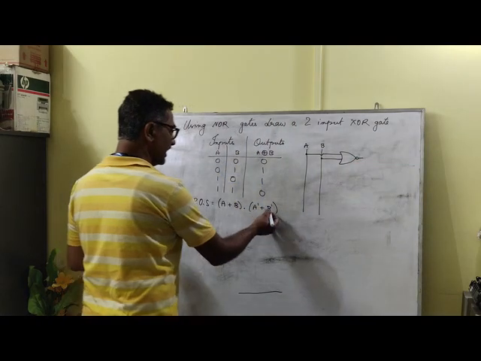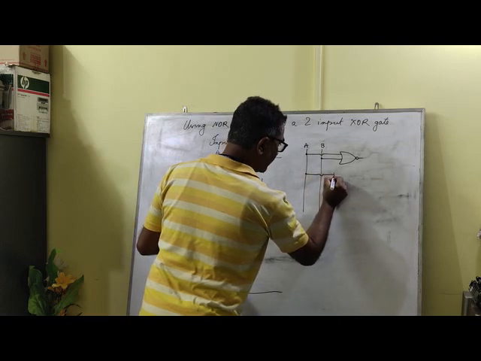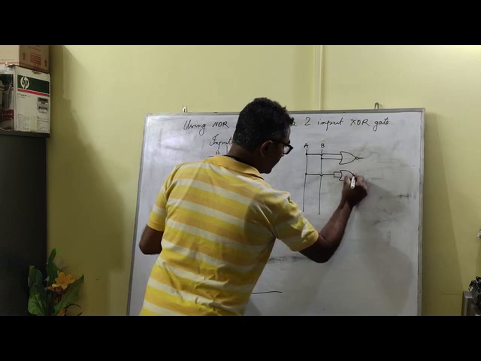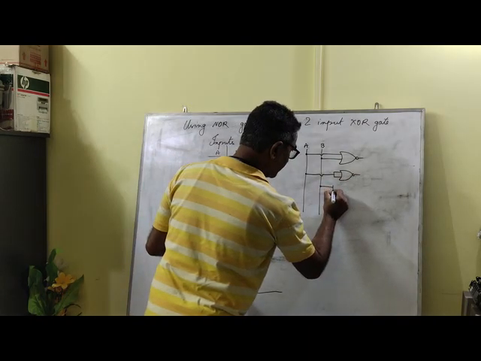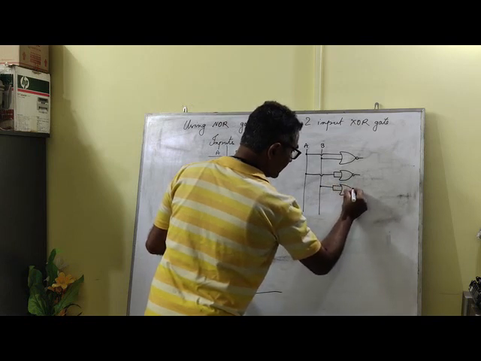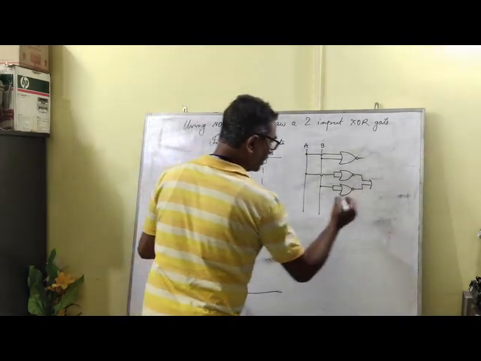And then what do we have? A complement plus B complement. So A complement, remember A complement is A NOR A, and then B complement is also B NOR B. Again, we have a complement. That means we have a NOR out here because we have an OR here.